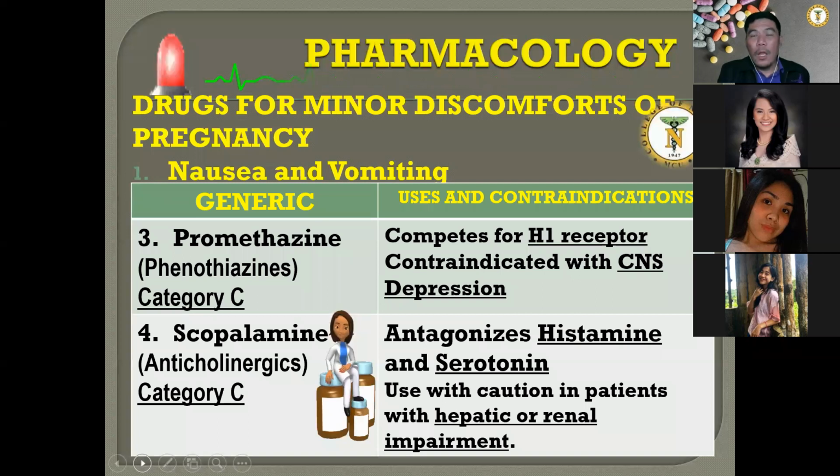Okay? Always remember kung bakit siya category C, kasi it will be used with caution in patients with liver and kidney impairment. So that's why for a pregnant mother, before giving the scopolamine, what will be your role? Okay, your obstetrician will tell you, okay, please administer scopolamine to the patient. What will be your primary role is to check any basis of functions, diagnostic results related to the liver and the kidney function.